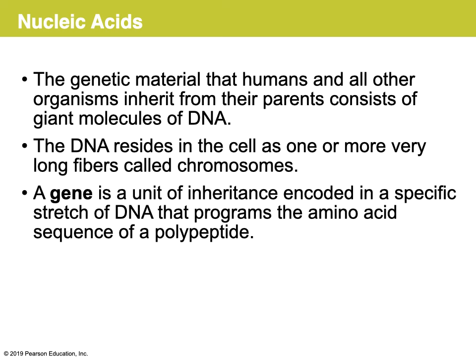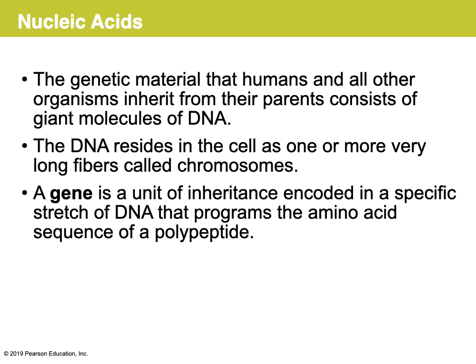And the DNA resides in the cell as one or more very long fibers called chromosomes. Chromo meaning color, some meaning body. So literally colored bodies. These were some of the first things that people were able to see under the microscope, and they stain very easily.